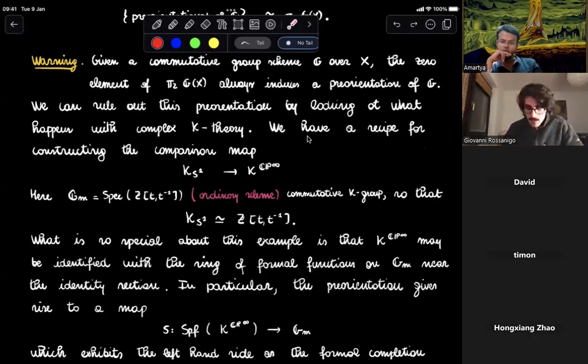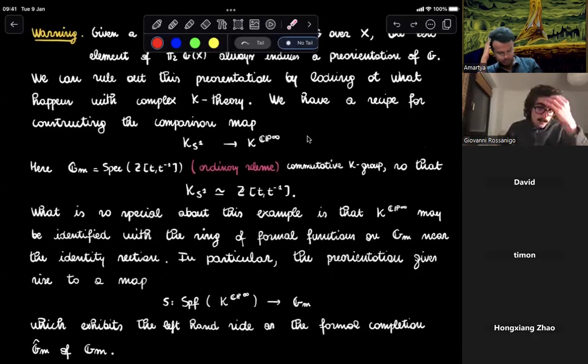Whenever we have an orientation, a pre-orientation, sorry, this pre-orientation gives some map from the formal scheme over this CP infinity to GM. And this map exhibits the left-hand side as the formal completion of GM.